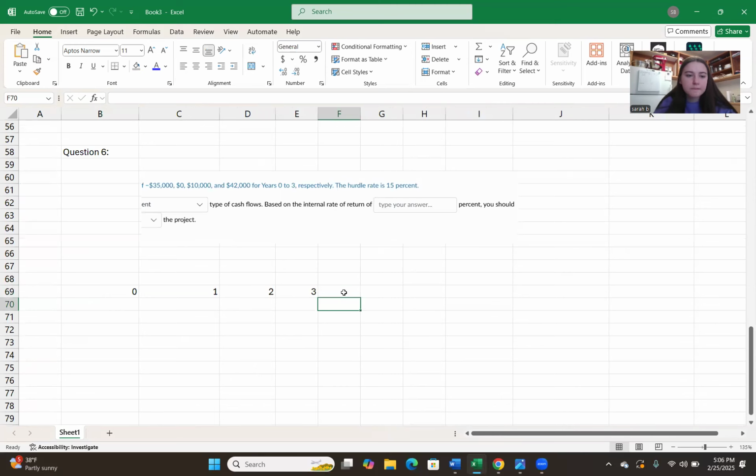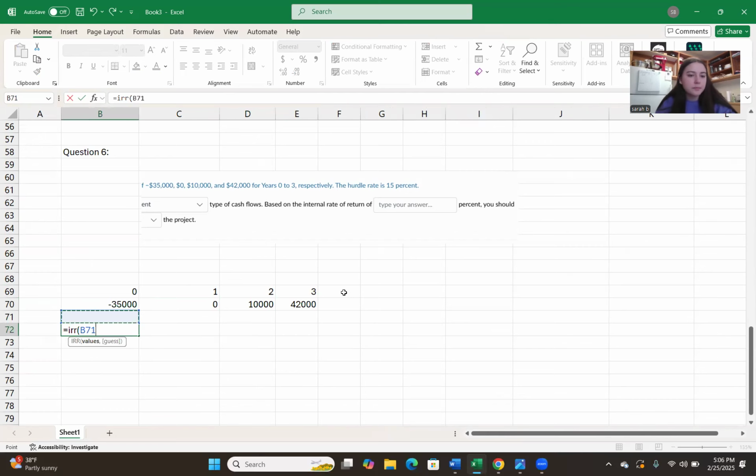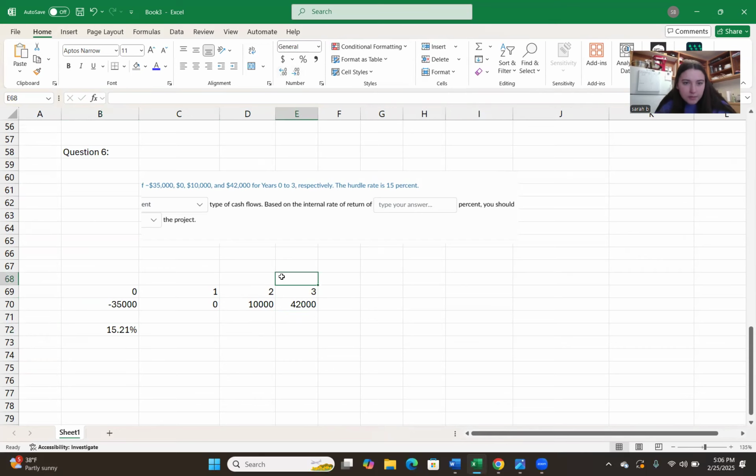Okay. This is negative 35,000. This is 0, 10,000, and 42. And then the IRR formula is the easiest out of all of them. Okay. Let's buff it out. See how many? 15.21.